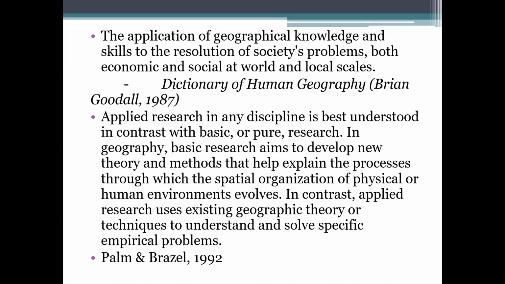Applied research in any discipline is best understood in contrast with basic research. We have an applied part in our geography, that is called applied geography. In geography, basic research aims to develop new theory and methods that help explain the process through which the spatial organization of physical or human environments evolves.